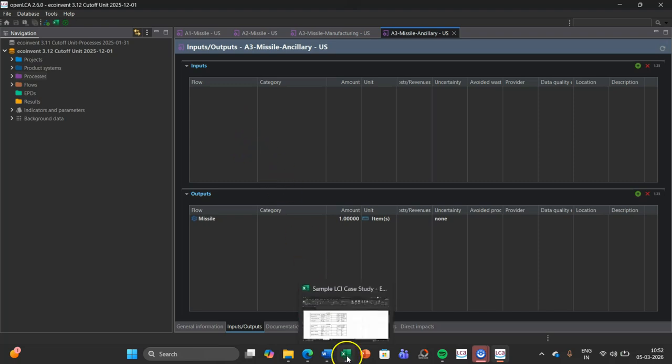The point here is, what is the ancillary material? Because we already have a raw material, the ancillary materials are the products or consumables that don't go into the final product, but are useful to aid the manufacturing process. So they are called ancillary.